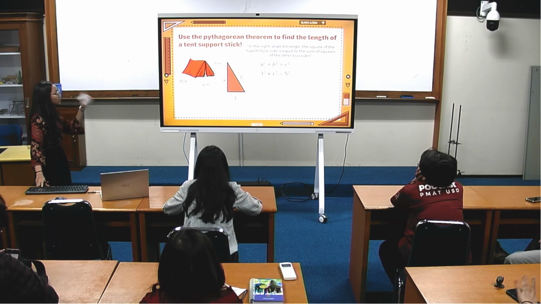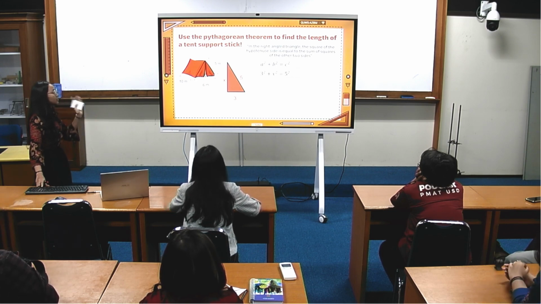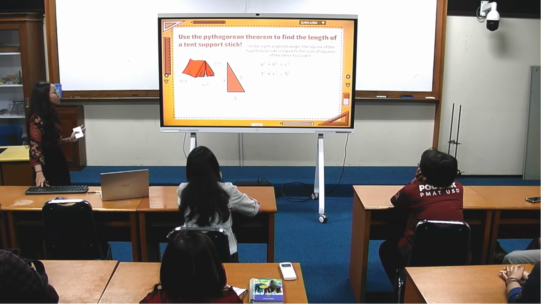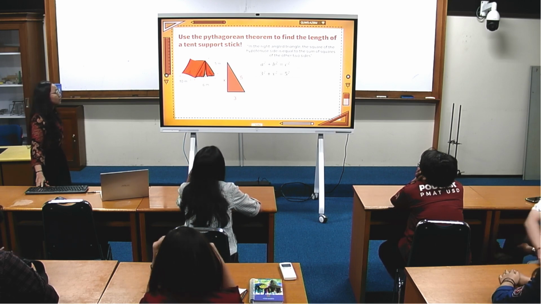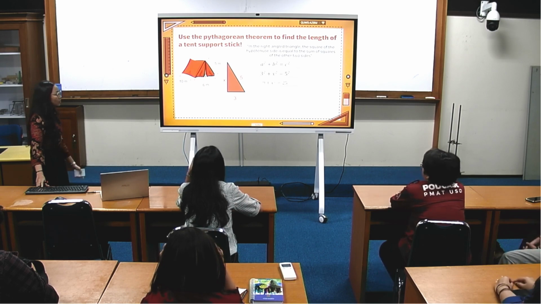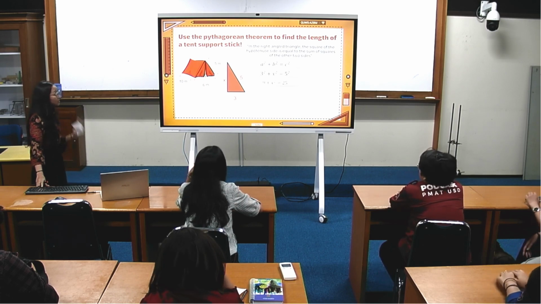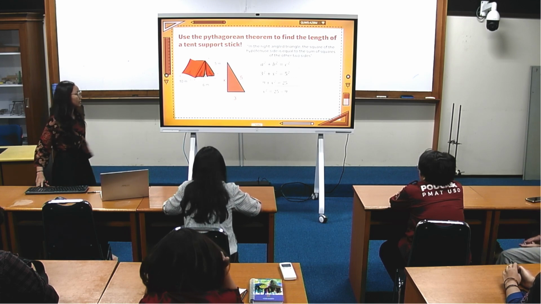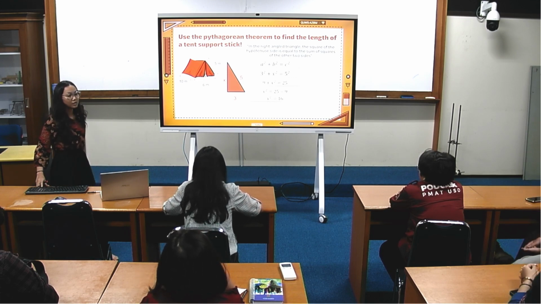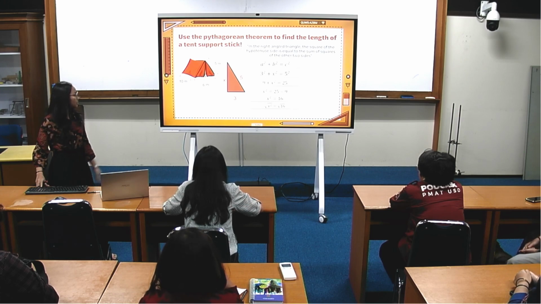So we substitute c with 5: 3 squared plus x squared equals 5 squared, so 9 plus x squared equals 25, and then x squared equals 25 minus 9, so we get x squared equals 16, and then we use this equation.